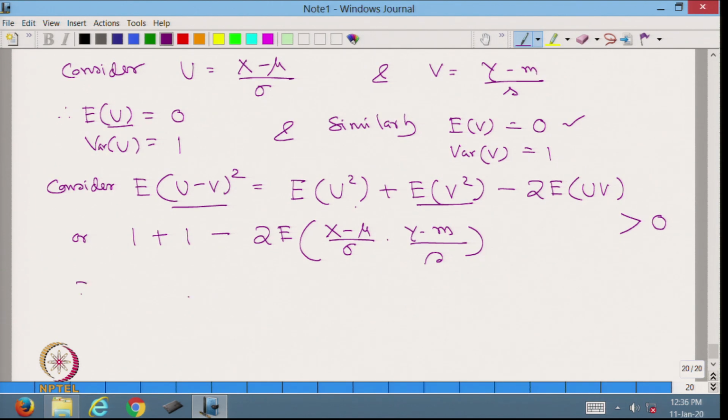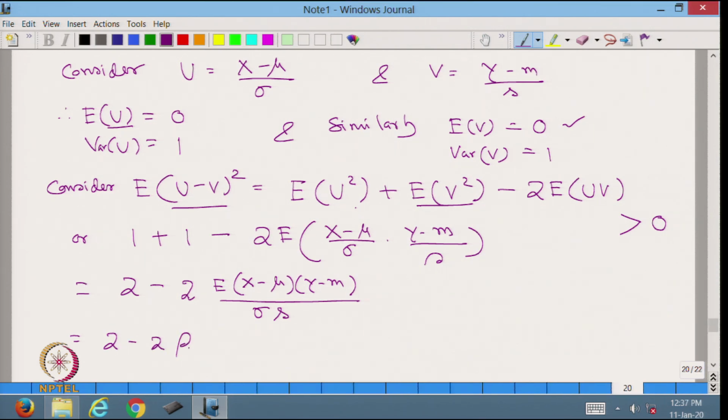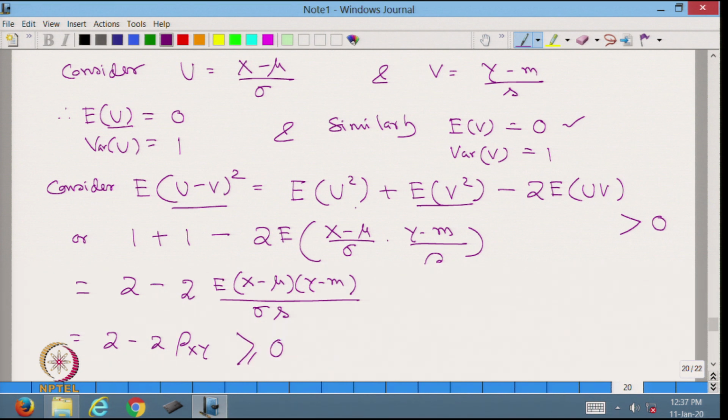Therefore, this quantity is equal to 2 minus 2 times expected value of x minus mu into y minus m upon sigma s, which is equal to 2 minus 2 times rho x y, which is greater than or equal to 0. It can be 0 if they are linearly related. Therefore, rho x y is less than or equal to 1.